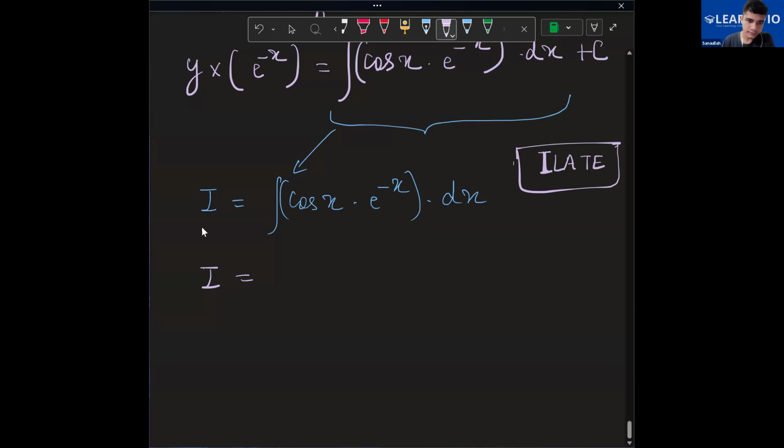So what will you do? First function cos x, integration of second function, minus integration of differentiation of first function, that is minus sin x. So it will become plus sin x here.